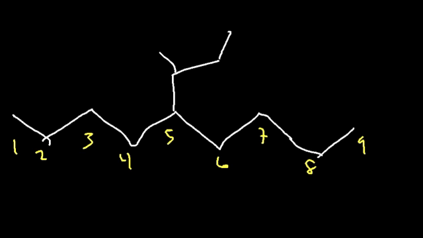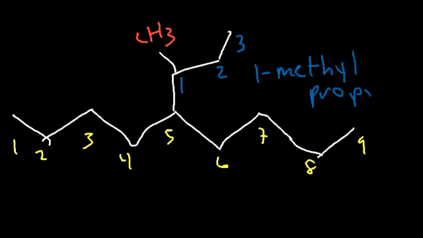Or we can name the complex substituent. So this is carbon 1, carbon 2, carbon 3. For the substituent, the longest chain is 3, so it's propyl. But we have a methyl on 1, so it's called 1-methylpropyl.